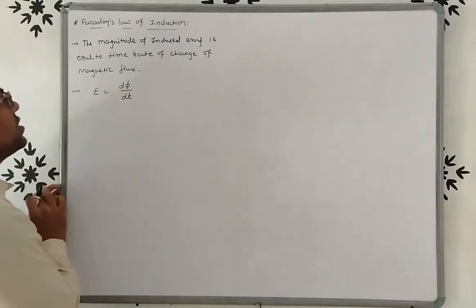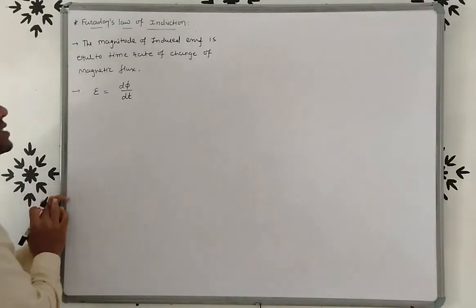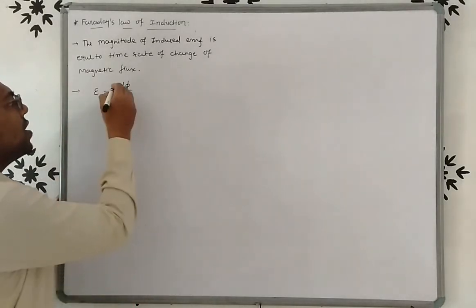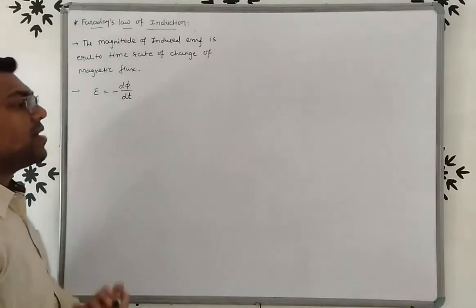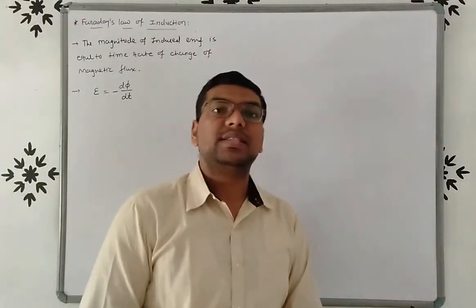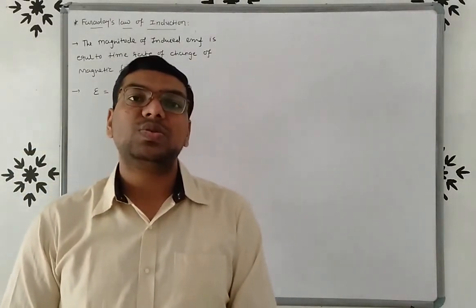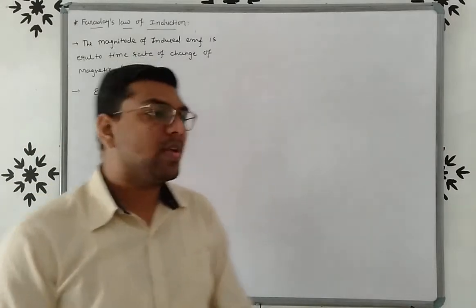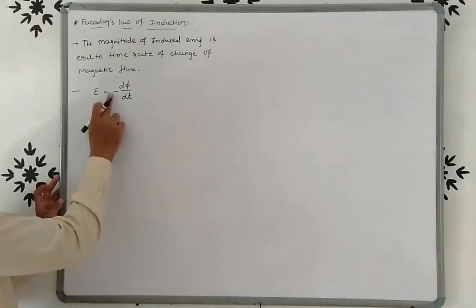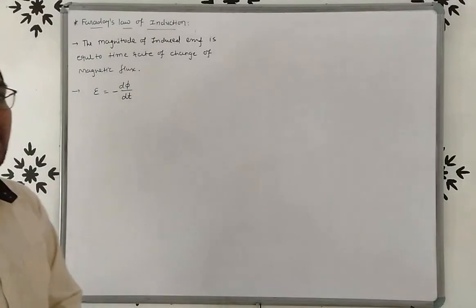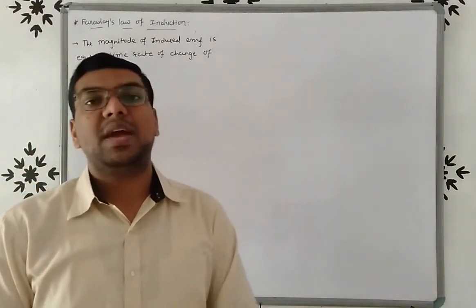So the equation of Faraday's law of induction is E equals minus d phi by dt. This negative sign shows the direction of induced EMF, right?